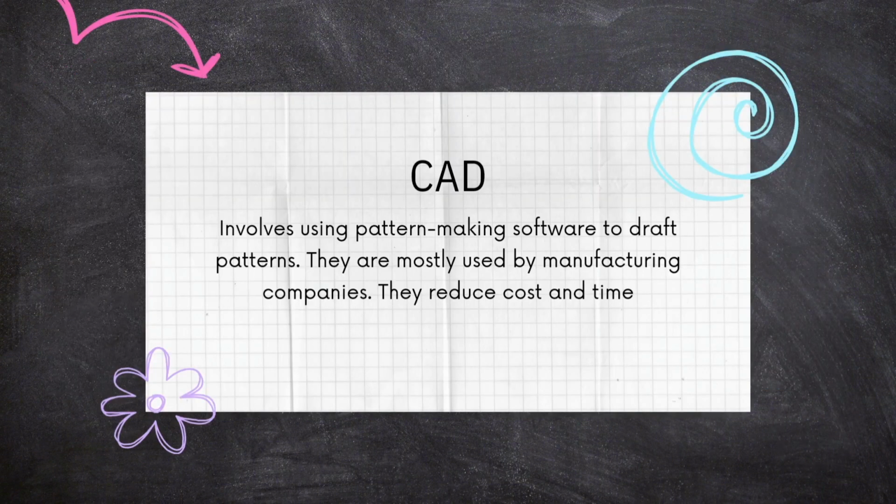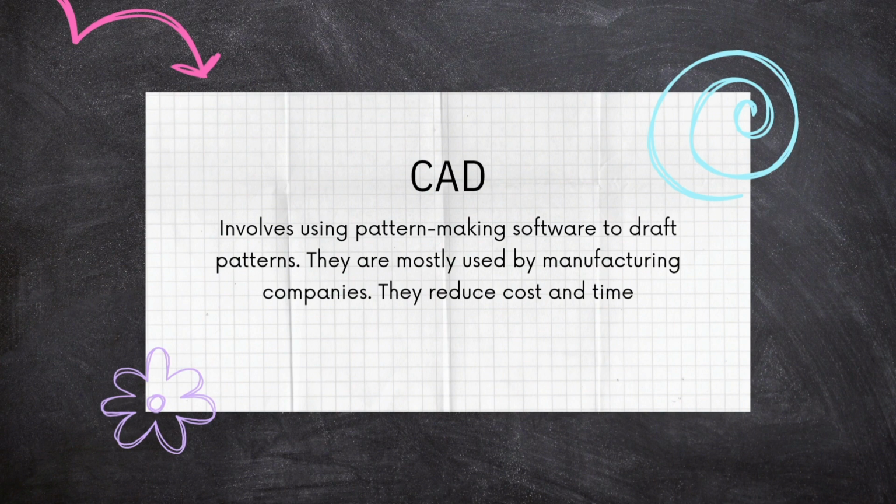So that's draping. The second type of pattern making is computer aided design. This is essentially using pattern making software to draft patterns. It is usually used in fashion design schools to teach digital pattern making, and also by big manufacturing companies. Vector software is used in drafting the pattern.